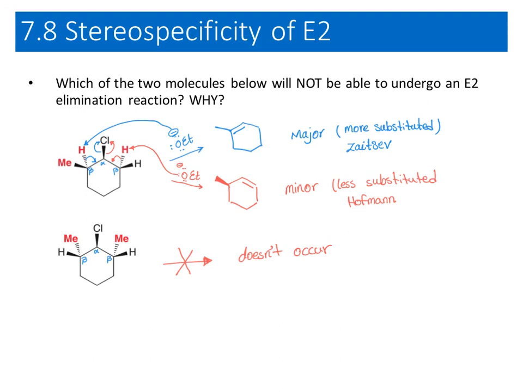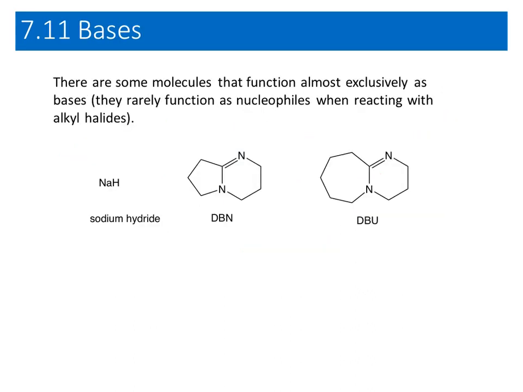So while drawing the major product for E2 reaction, you need to consider all of these stereochemistry concepts together to find the major product. Okay, let's talk about a few bases here.